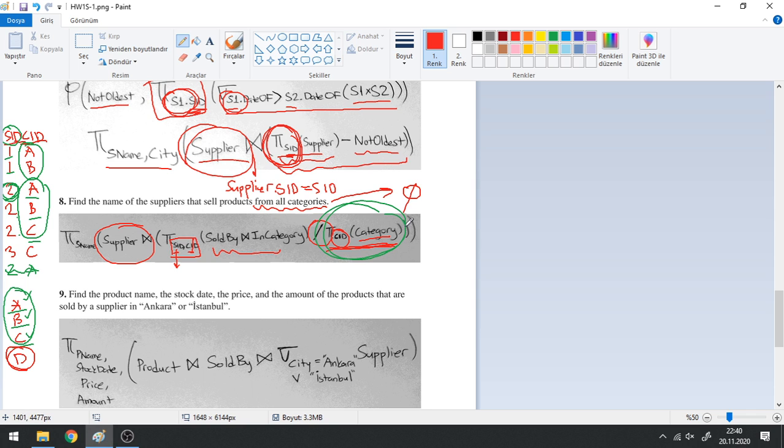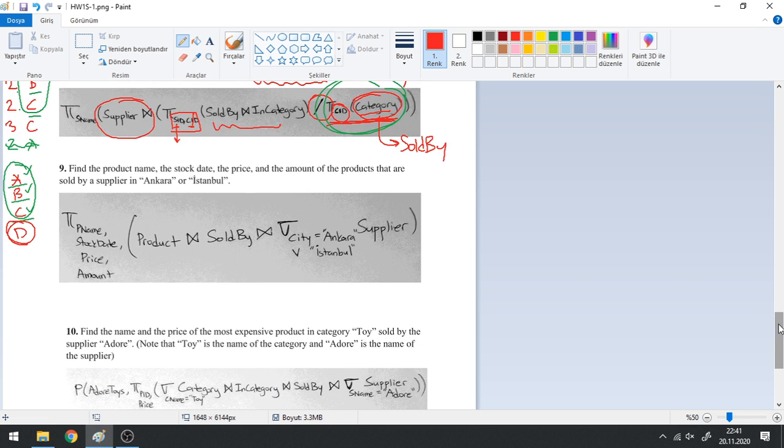It should return nothing, because nobody is selling from all categories, because nobody is selling from the computer category. So in that case, some people were, instead of category, writing here the sold by, but it is not enough. So in those cases you got partial credit from this question. This should be divided by the category.